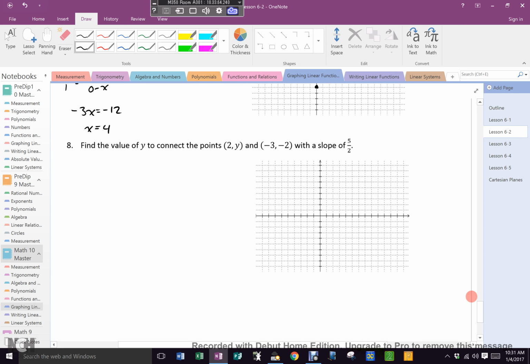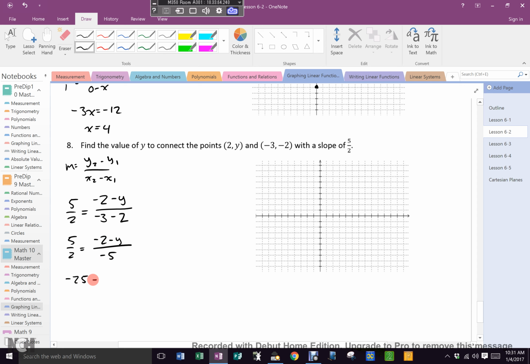And here is this one. M equals y2 minus y1 over x2 minus x1. 5 over 2 equals negative 2 minus y over negative 3 minus 2. 5 over 2 equals negative 2 minus y over negative 5.